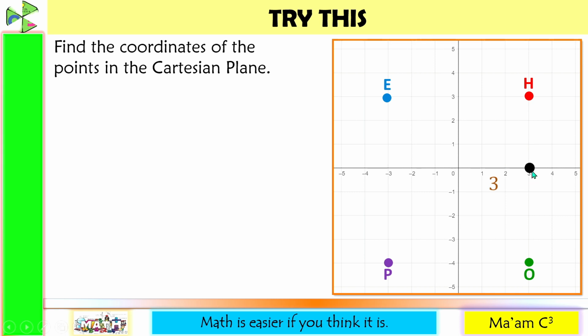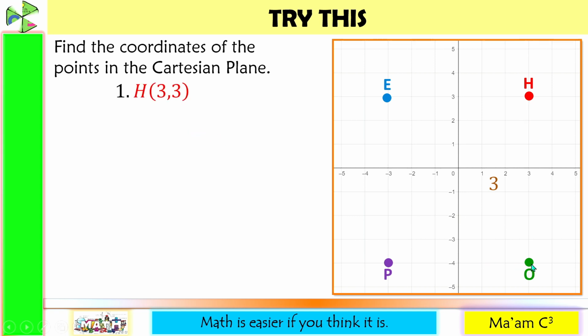So now you are here, and then you are going up, and that would be 1, 2, 3, another 3 units. So it means to go to point H, you have to move 3 units to the right and then 3 units up. So point H has coordinates 3, 3.